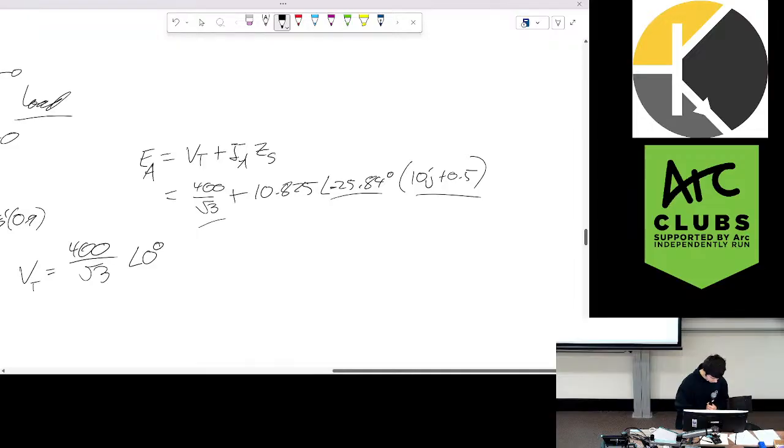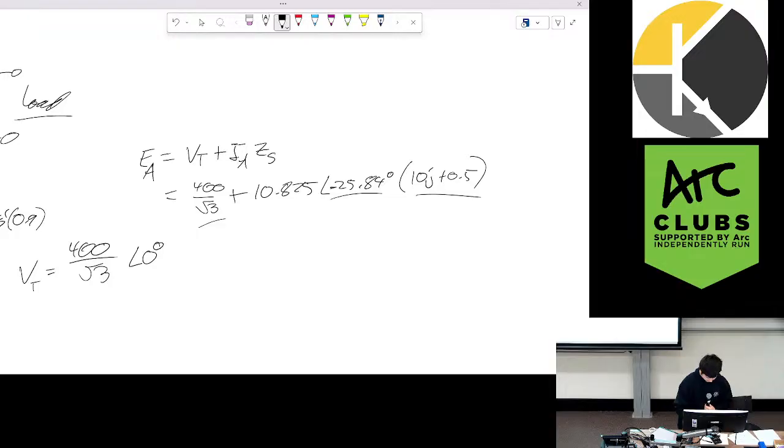So 400 on square root of 3 plus 10.825 with an angle of minus 25.84, times 10j plus 0.5. All right.